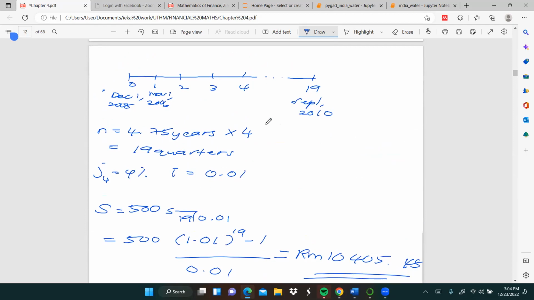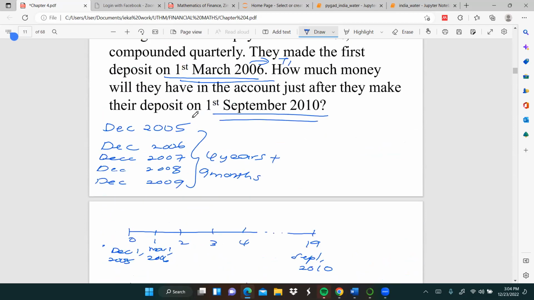Okay, so tengok balik, macam mana yang penting bila jawab soalan yang melibatkan ordinary simple annuity, our time always start with 0.